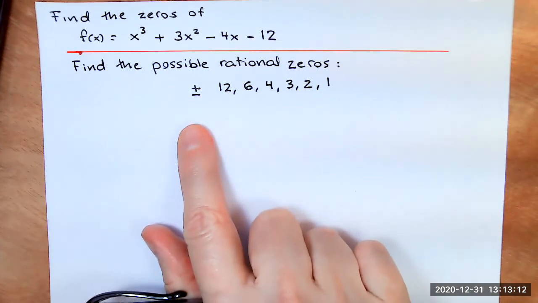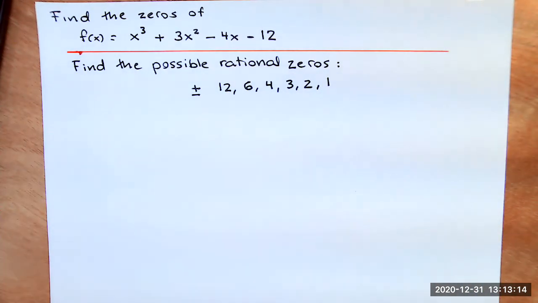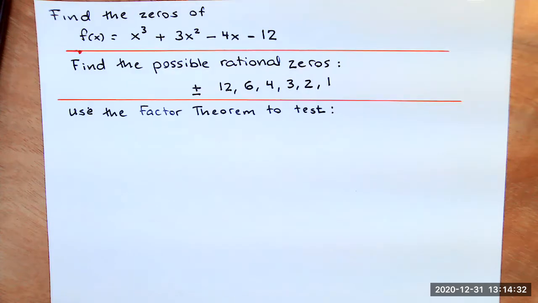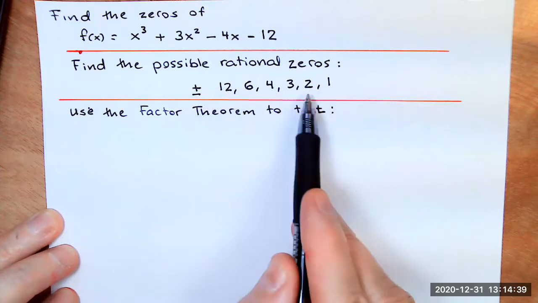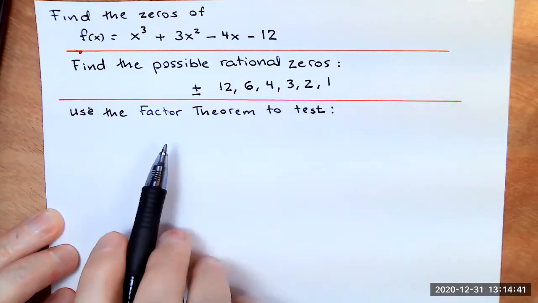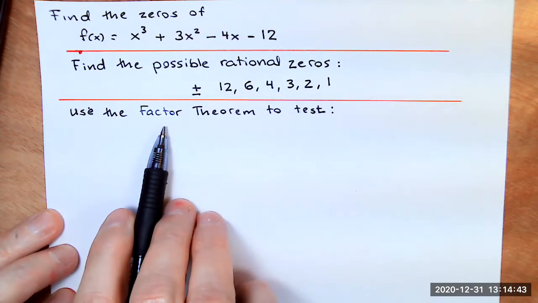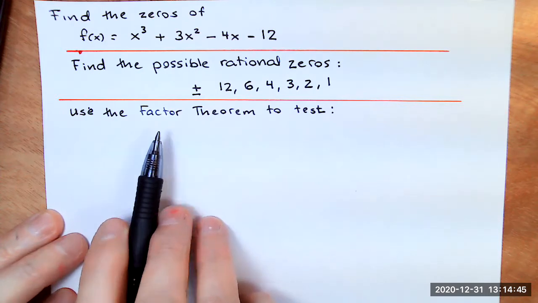Remember, they could be plus or minus. So we have 12 possible zeros. So let's use the factor theorem to test some of them.